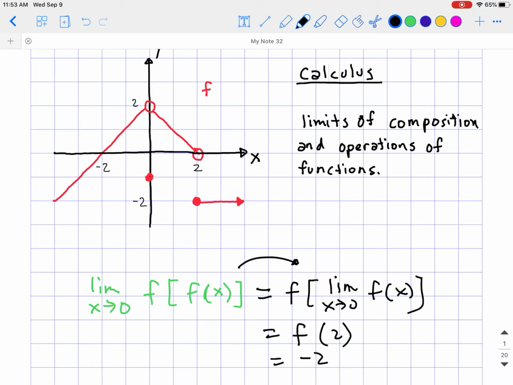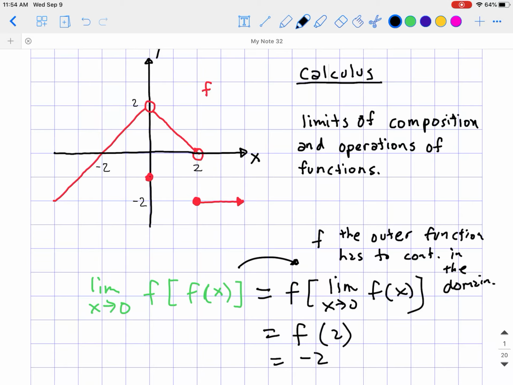This unfortunately does not work because in order for us to use this definition, or this little theorem over here, we need to make sure that f, the outer function, has to be continuous. Okay, so repeating it one more time: in order for us to use this, f, the outer function, has to be continuous in the domain that we are using.